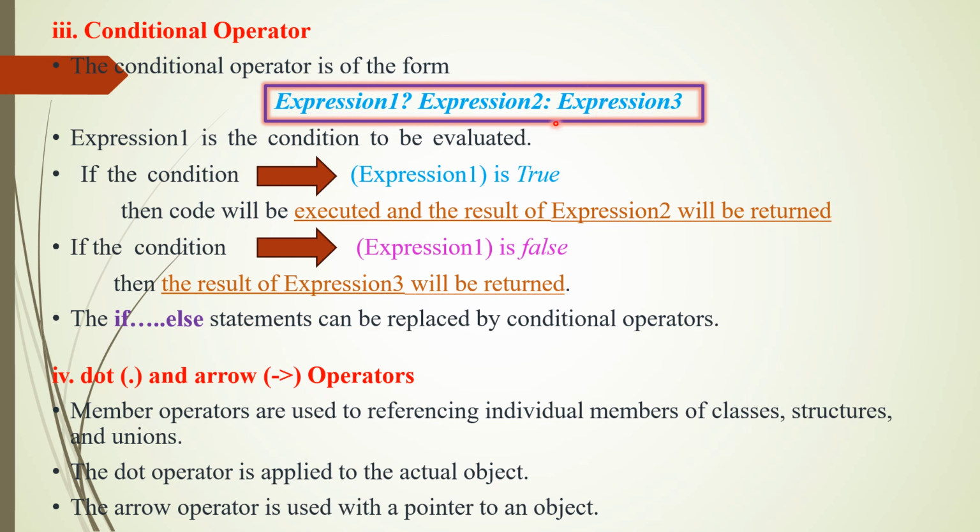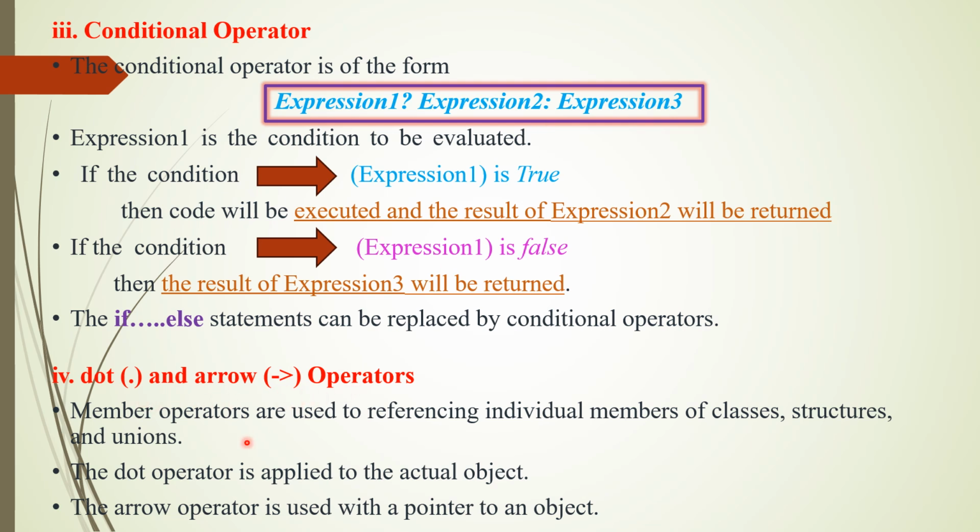Now the output will be such that if the expression 1, the condition to be evaluated, is true, you'll get expression 2. If expression 1 is false, then you'll get expression 3. Instead of 2, you'll get 3. That's it. Instead of if else, we make use of this conditional operator.